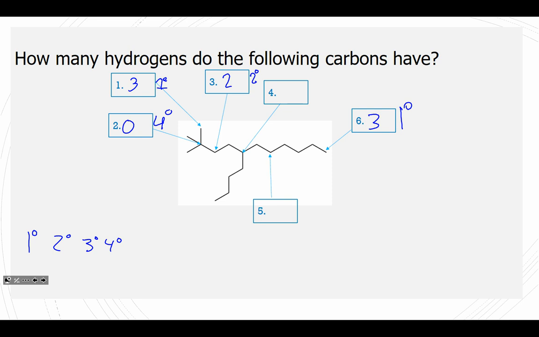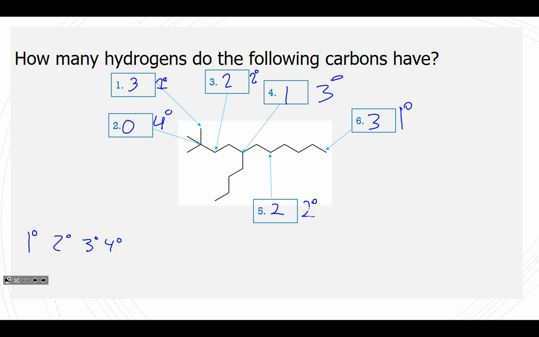Wow. That's what we call a big mixture. So we have 3 carbons attached, so there's 1 hydrogen. So it's 1 hydrogen in the box, and then outside you would put 3 degrees. So the 3 tells me 3 carbons are attached.